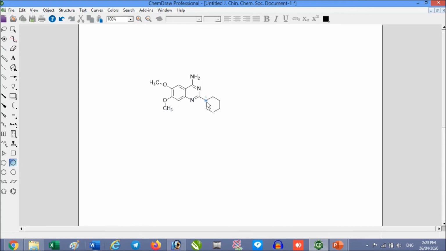At this position we have a piperazine ring. This piperazine nitrogen is directly attached to the pyrimidine, and the other nitrogen has C double bond O, attached to a 5-membered ring which has oxygen, that is a tetrahydrofuran ring. This is the compound terazosin.